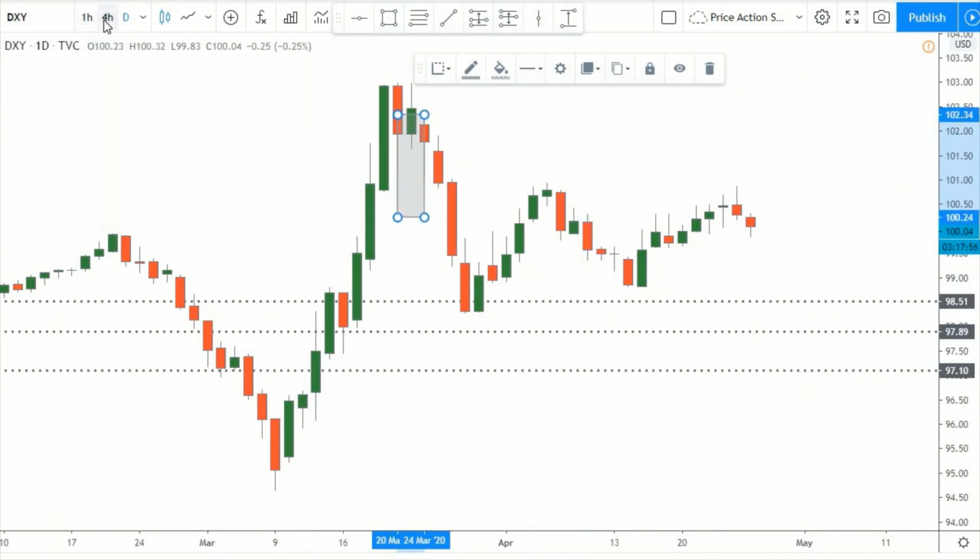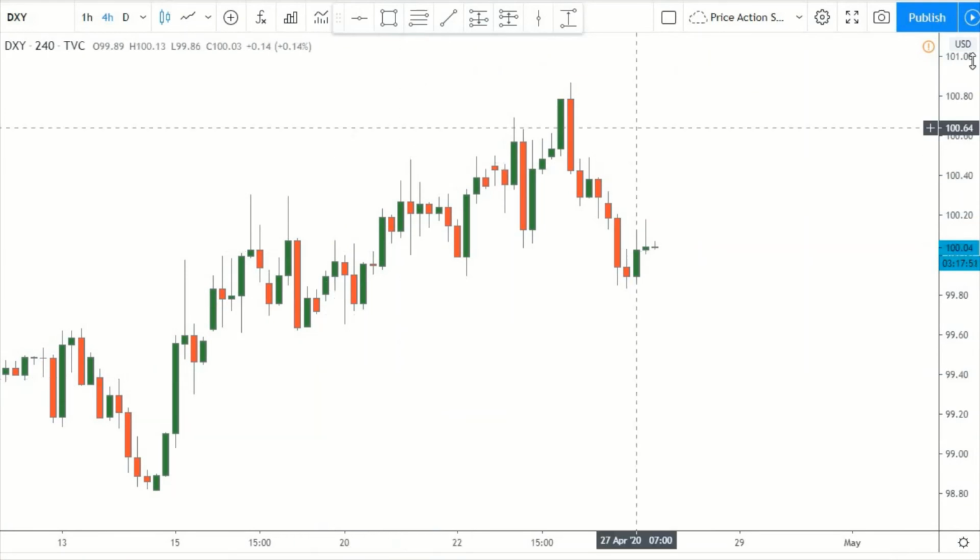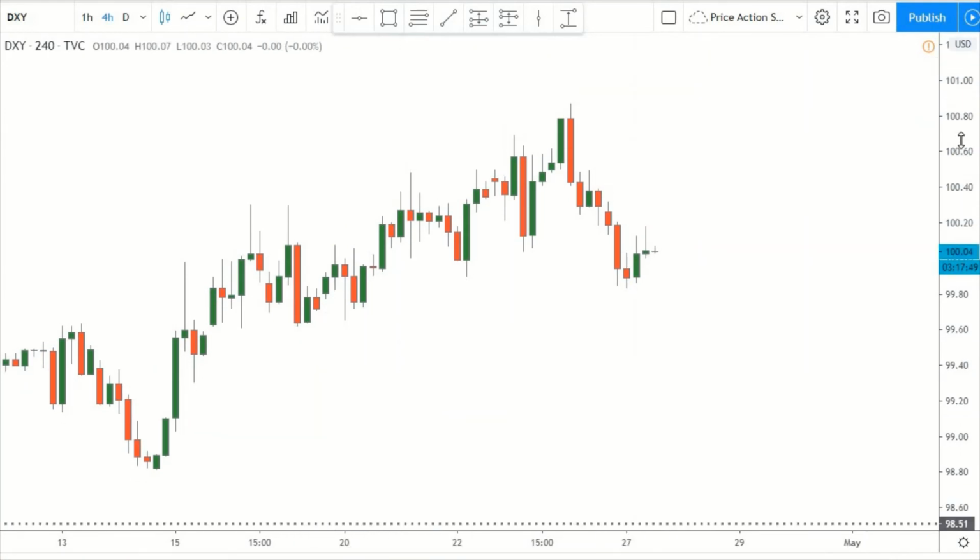If I'm on the 4 hour chart, each candlestick takes 4 hours to be formed. Likewise, if you're on the minute chart, each candlestick will take a minute, and you can see the countdown on the right hand side, if need be.